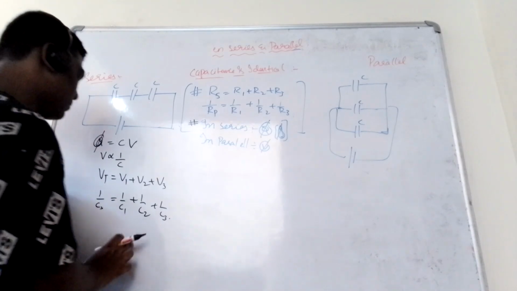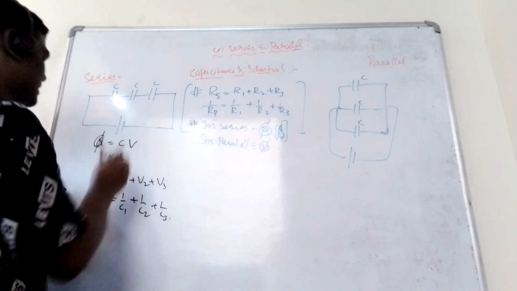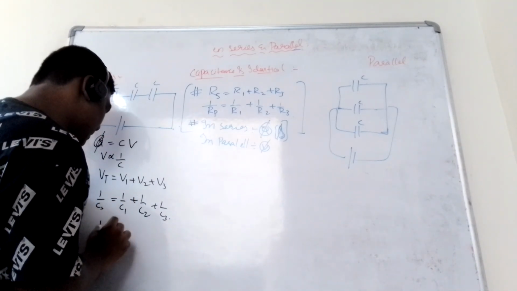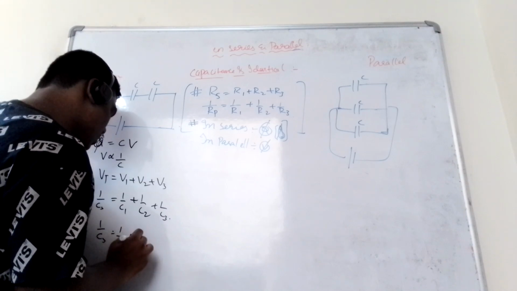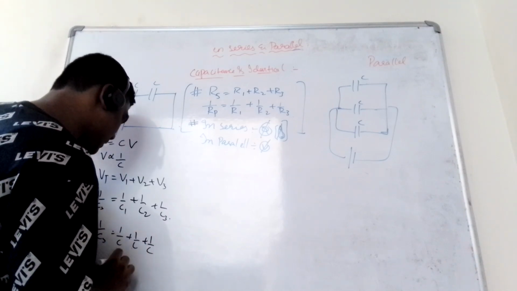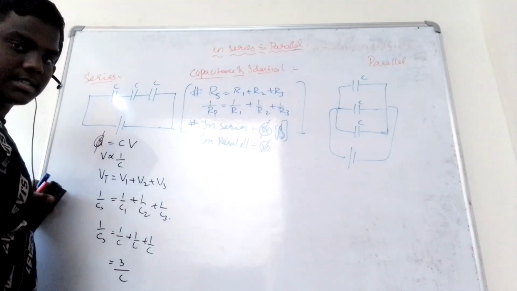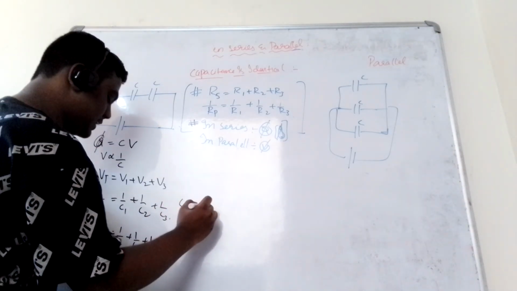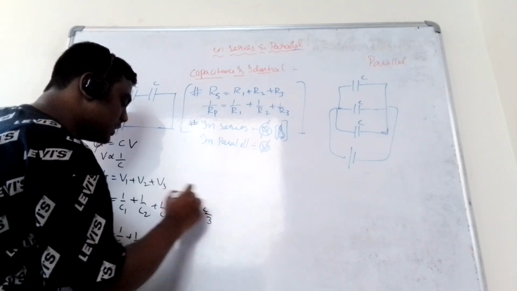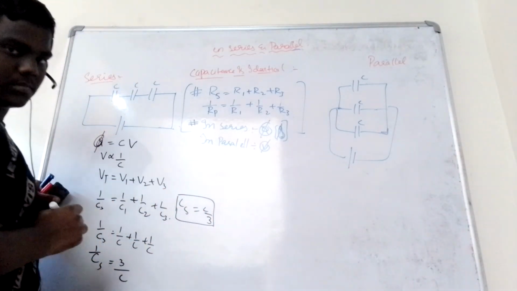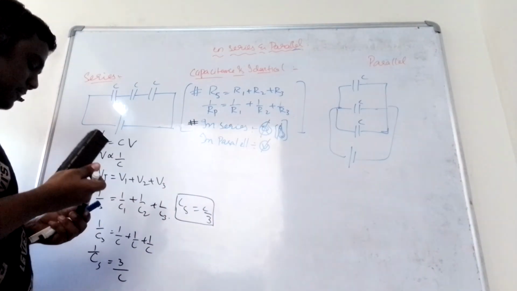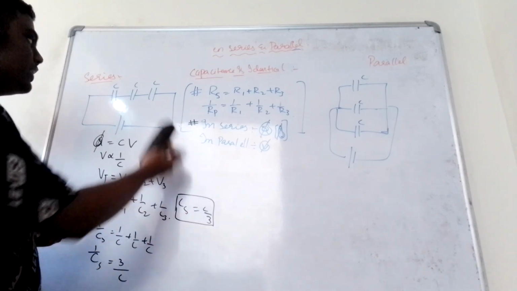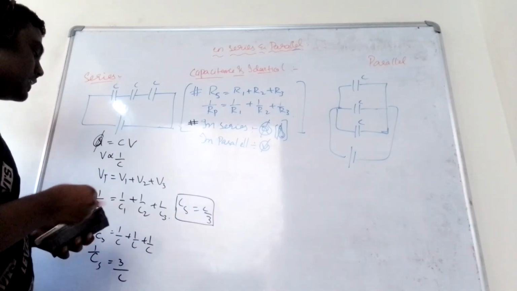Correct? Because they have given that all the capacitances are equal, can I say 1 by CS is 1 by C plus 1 by C plus 1 by C, which is nothing but 3 by C. This is 1 by C in series. So C in series is nothing but C by 3.